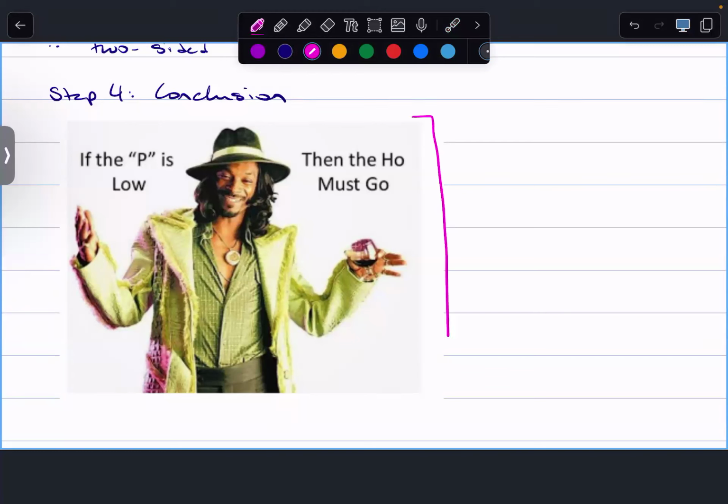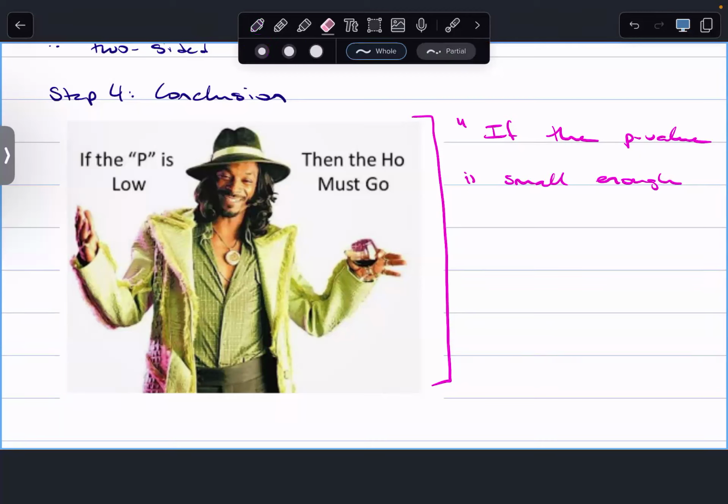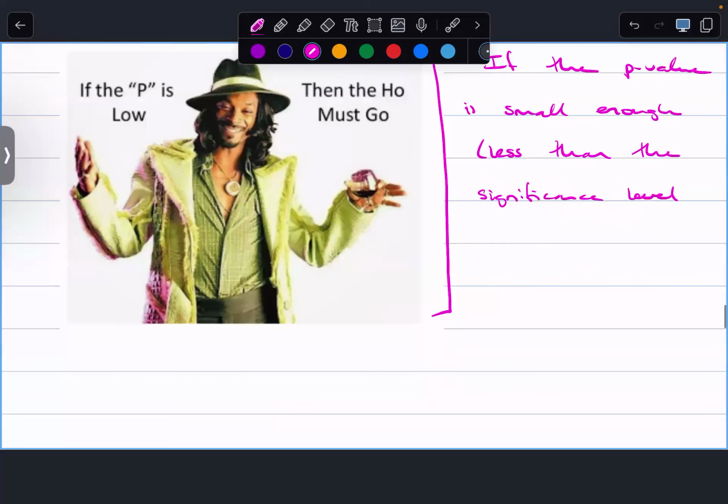So here, this is actually saying if the p-value is small enough, being less than the significance level, the alpha level, alpha equal to 0.05 by default, right?